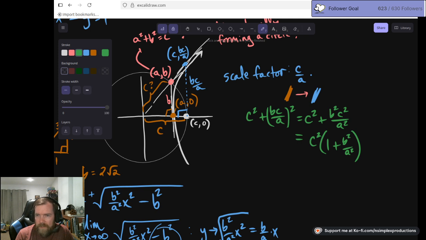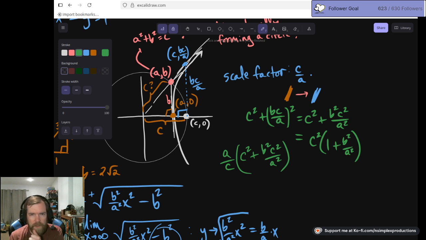All right, so we want to scale this down. If we scale this down, then c squared plus b squared c squared on a squared is going to be multiplied by a over c to get a squared plus b squared.